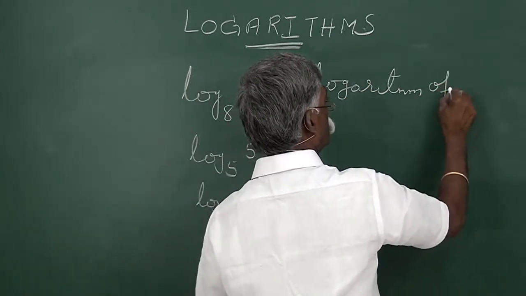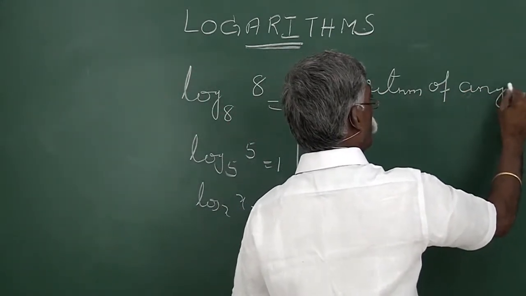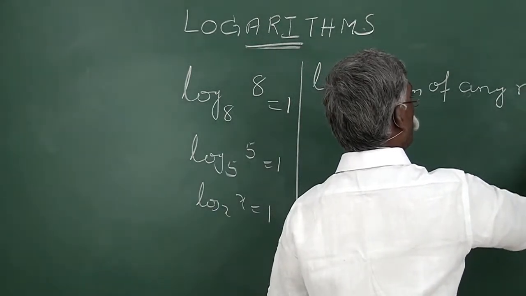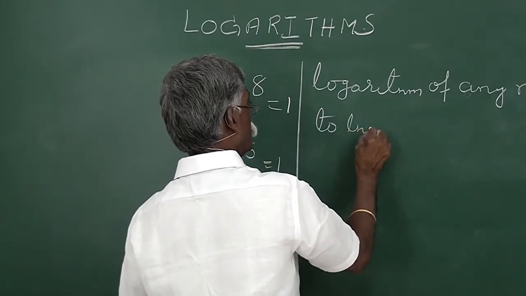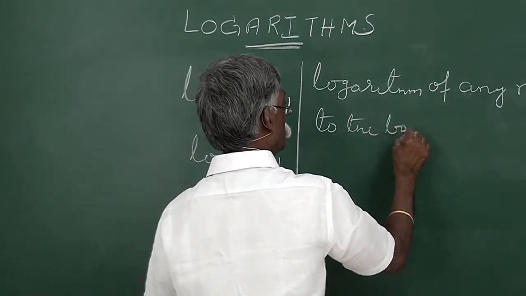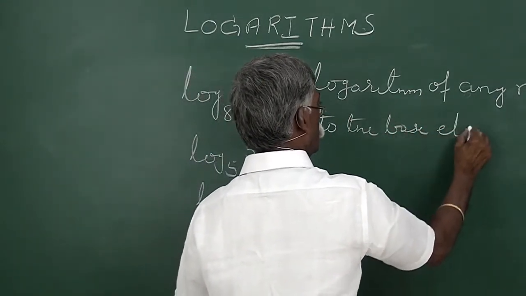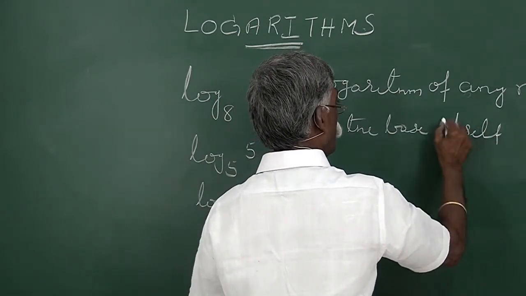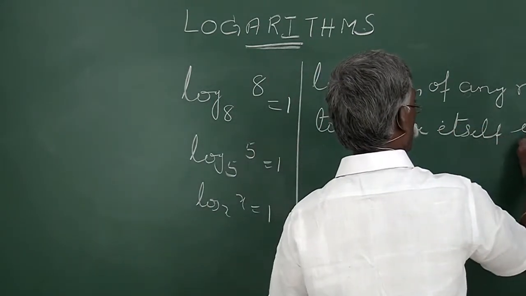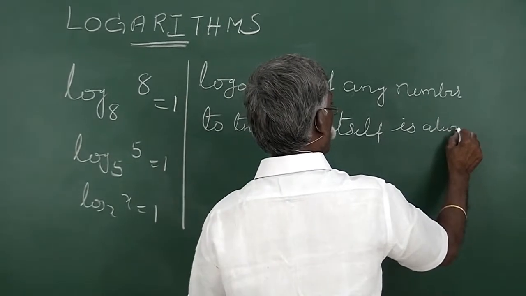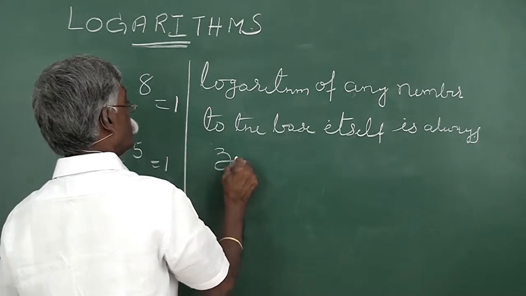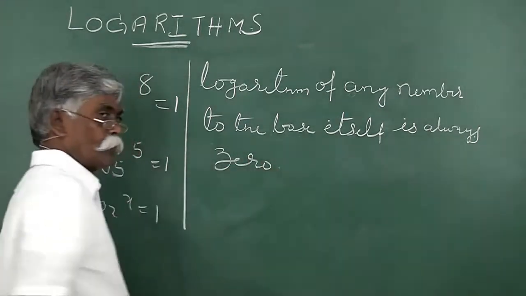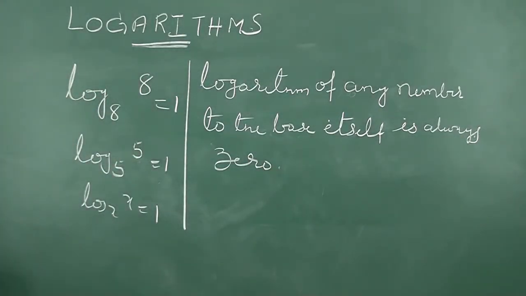Logarithm of any number to the base itself is always unity. So logarithm of unity to any base is 0.